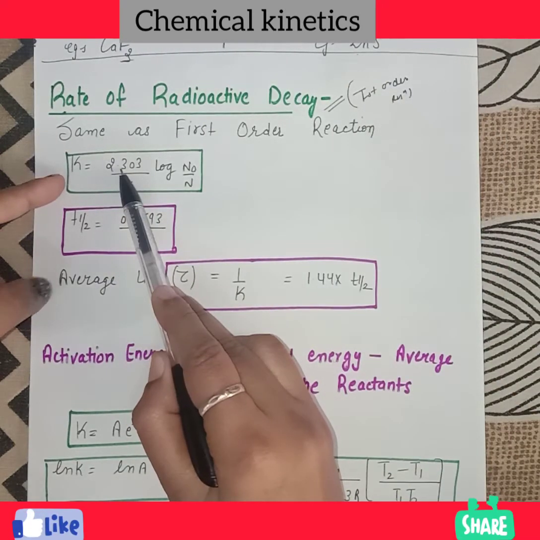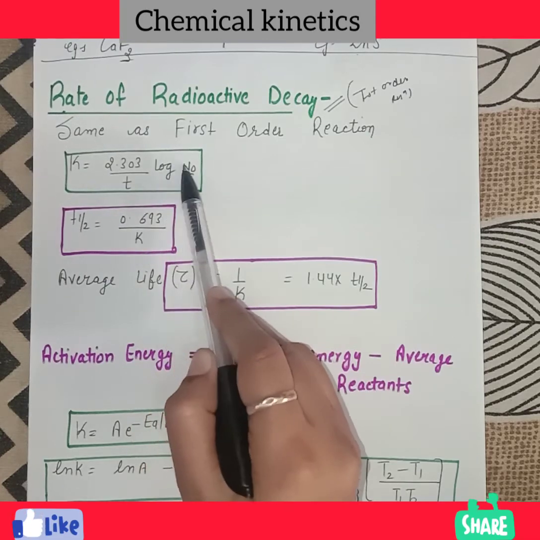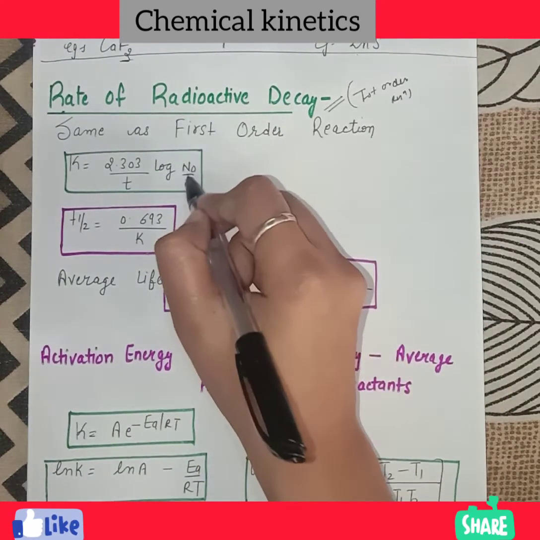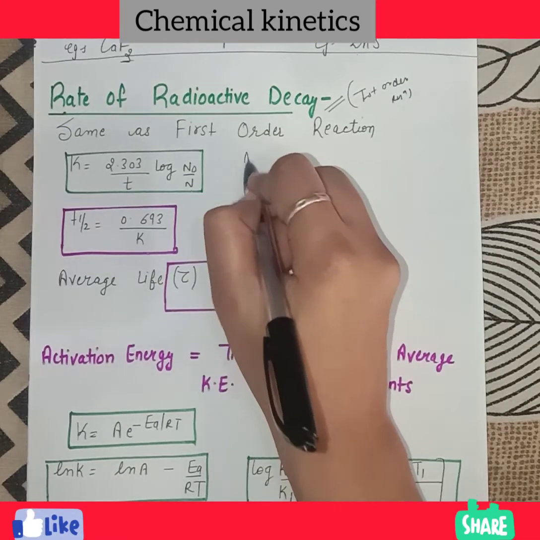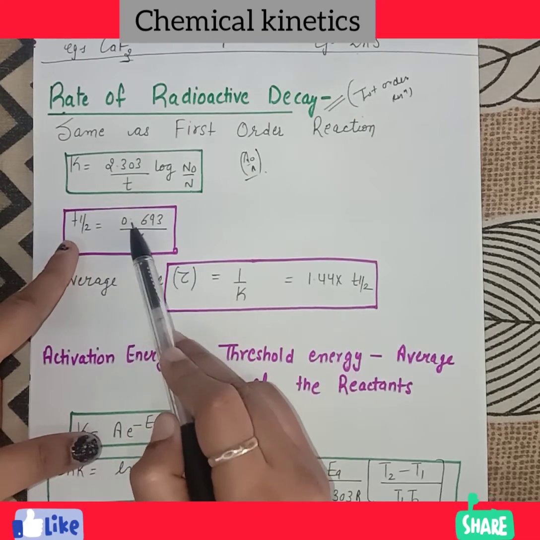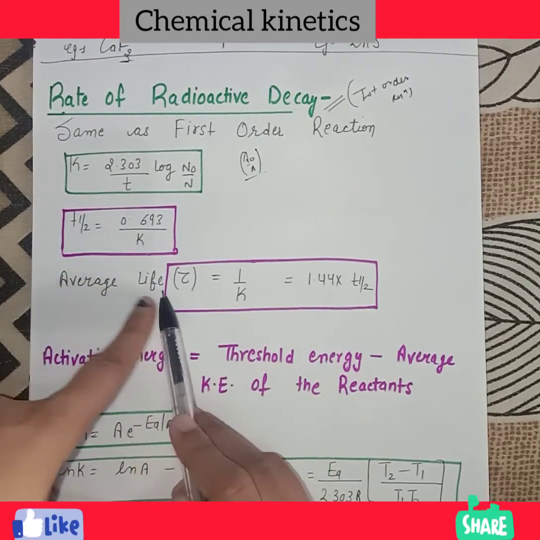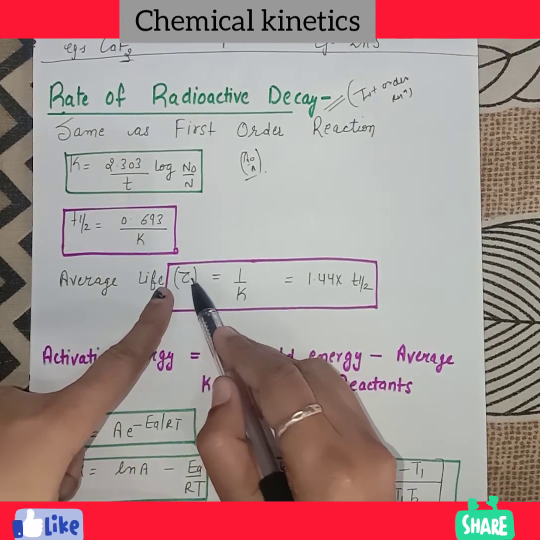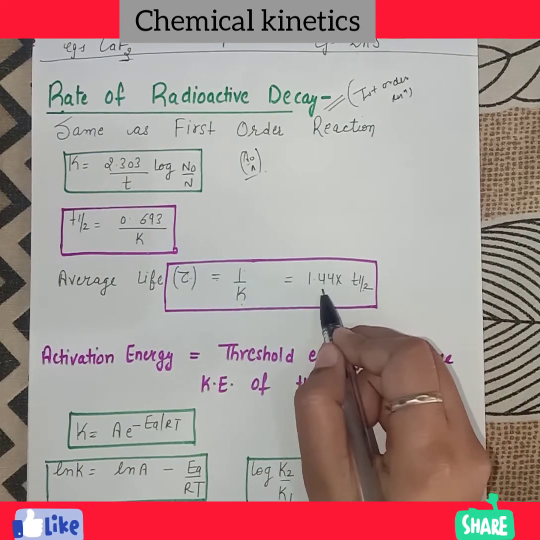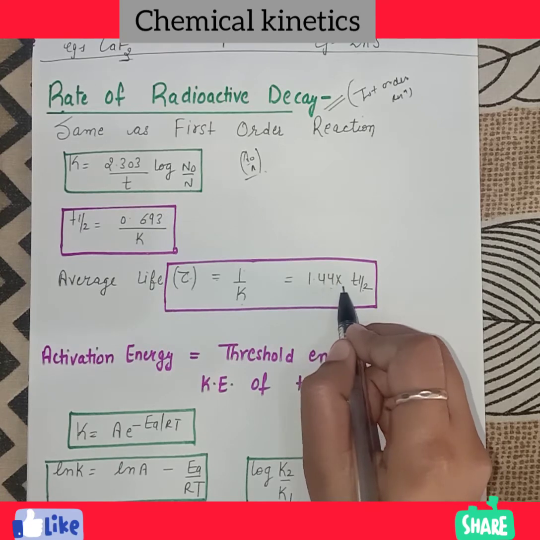So K is 2.303 upon t log N naught by N, same as first order reaction, A naught upon A. For half life, 0.693 upon K. Average life tau is equal to 1 upon K, and in terms of half life it is 1.44 into T half.